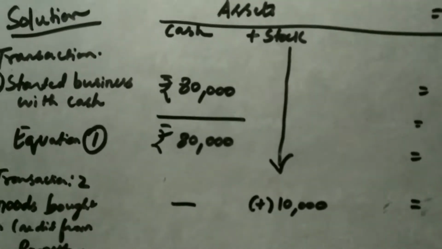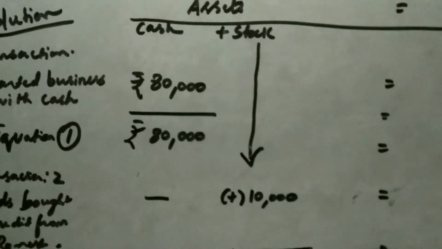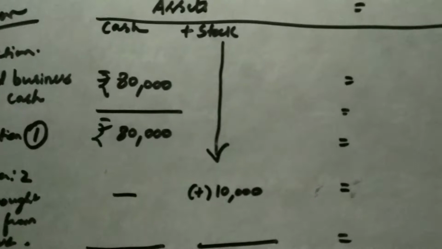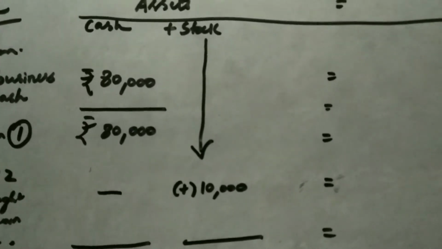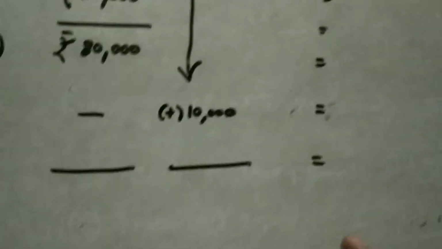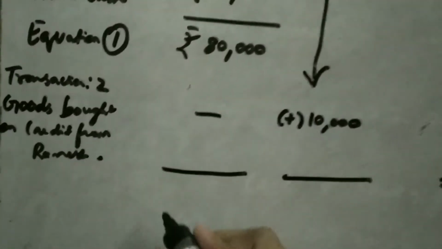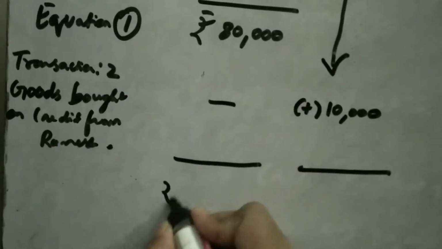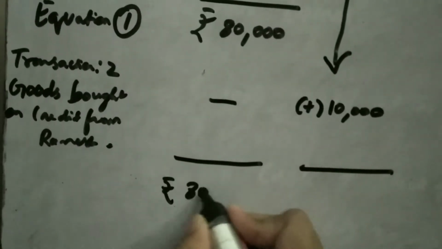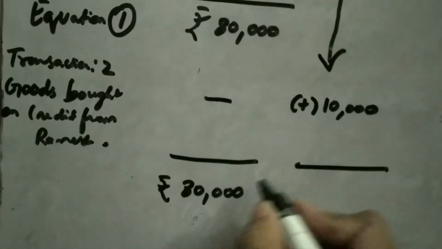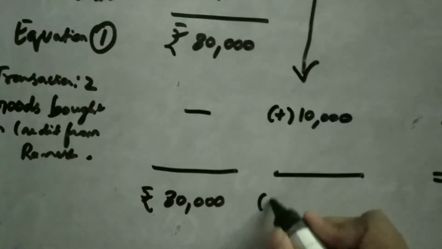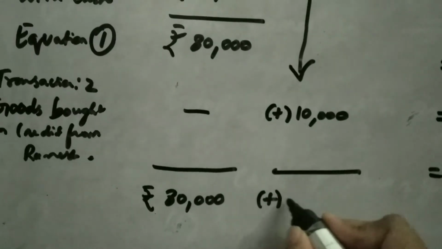After every transaction, you have to balance. Draw a line, bring down the balance. Same 80,000 for cash. Now stock, you are going to add 10,000.